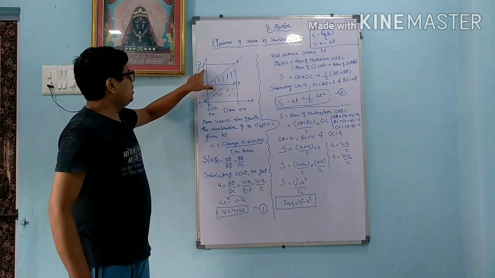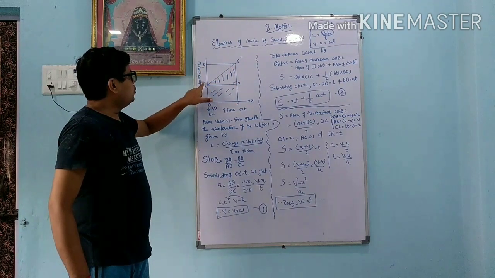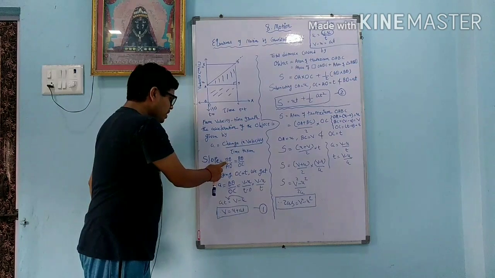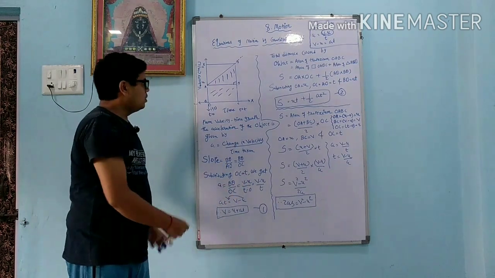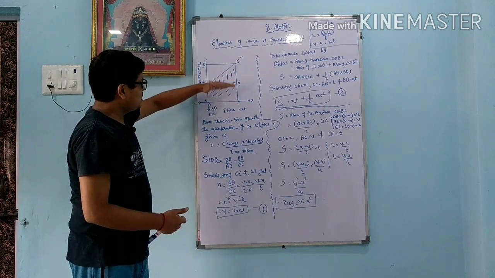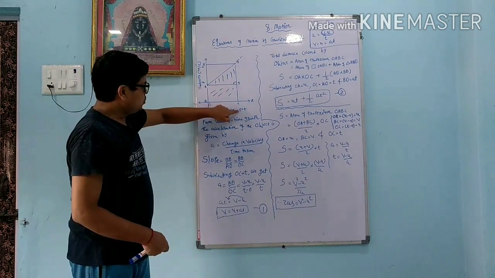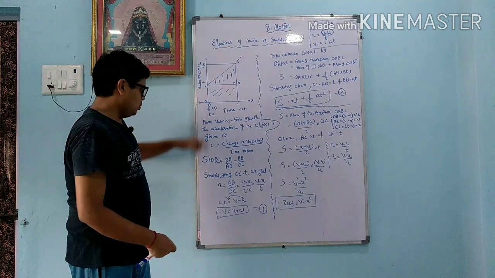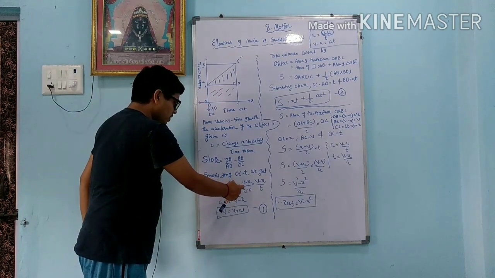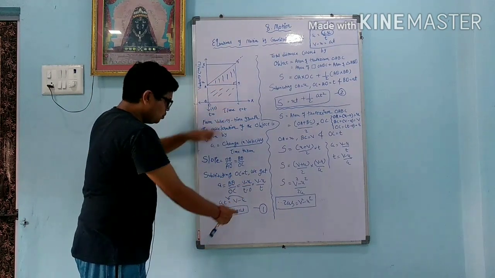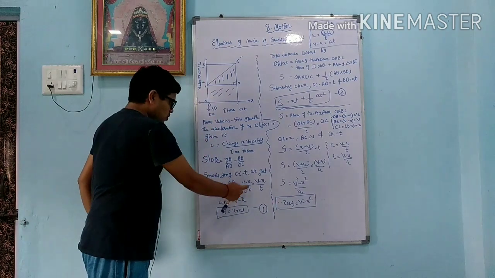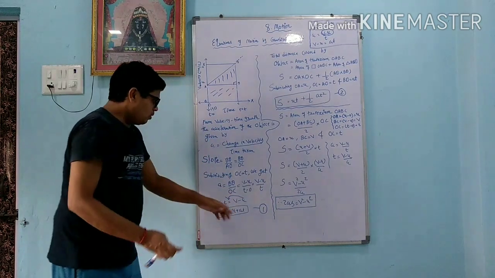B equals v and D equals u, so instead of BD we can write v minus u. Now AD and OC are the same, because they are parallel, so we can write t minus 0. So we write v minus u by t.